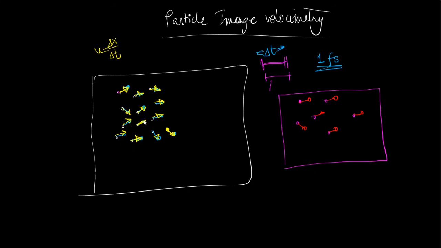It's not as easy as I've made it sound. If you have a bunch of particles like this, the particles have moved. In the next frame, I have something like this. Who knows which particle is from which particle? Can I be sure that this yellow particle has gone to this blue particle, or to that blue particle? So it all depends on various correlations. Then it all boils down to how fast you want to pulse your laser.